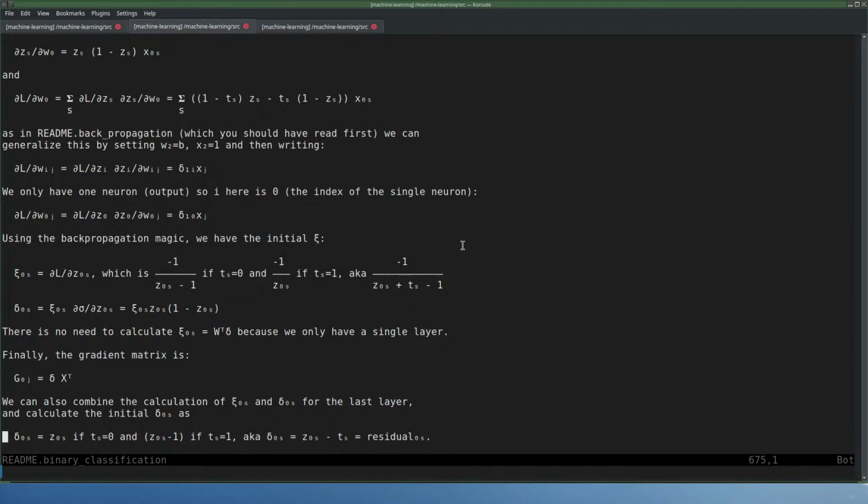So the delta ends up to be z minus t. But why? Well, the reason is super complicated. Super complicated.